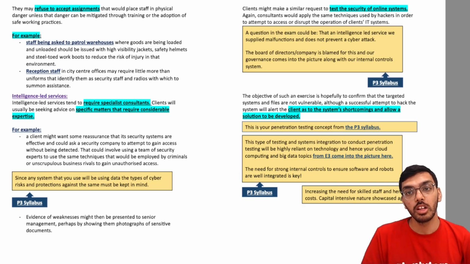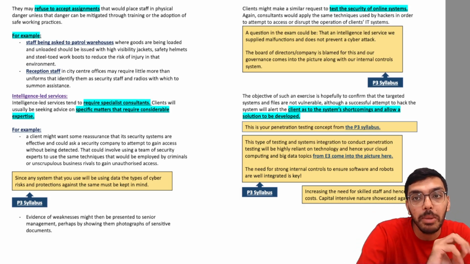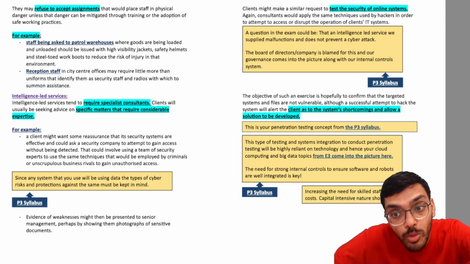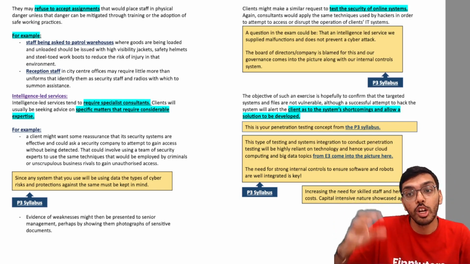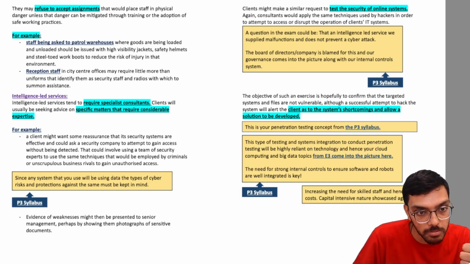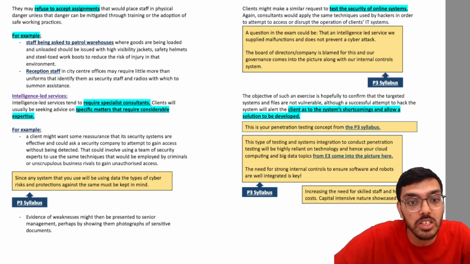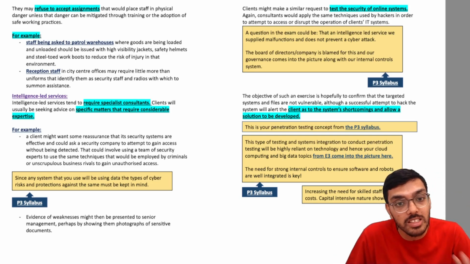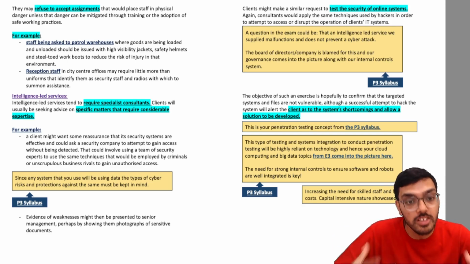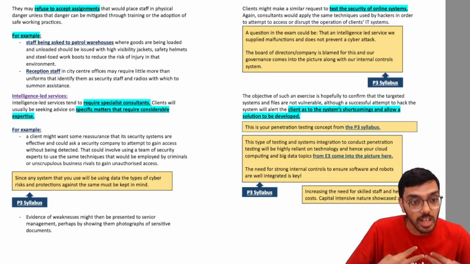So remember, firstly, whenever you are doing any intelligence-led services, data plays a role. The data that you have gathered, the data that you will receive from your customer to provide those services. So data will play a very important role. And because data is coming into the picture, the protection of this data, which is in your P3 syllabus, different digital security techniques and tools become very, very important for you to know and understand as a company.